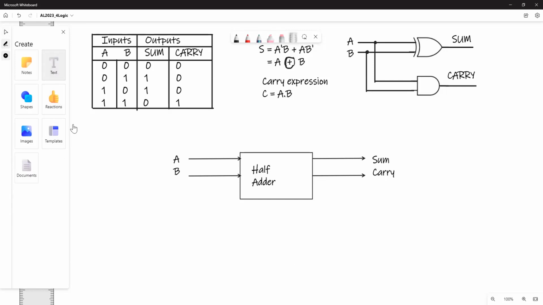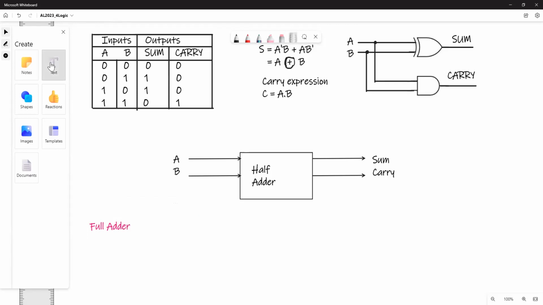Now let's look at the next circuit. That is what we call a full adder. Now, what do we mean by a full adder here? It is for adding 3 bits.